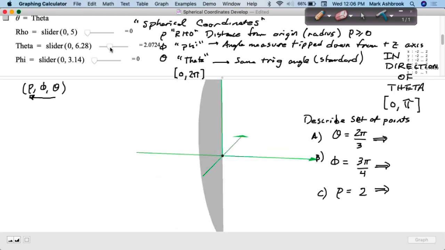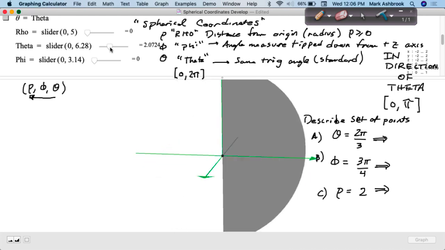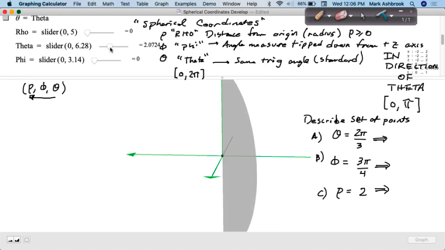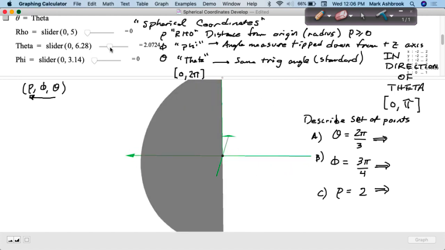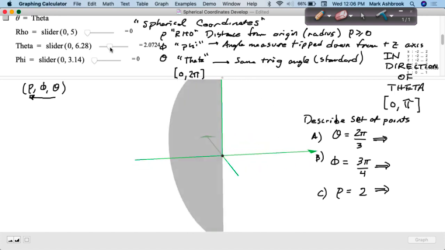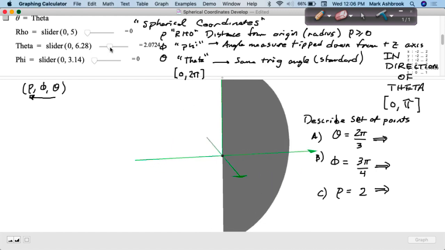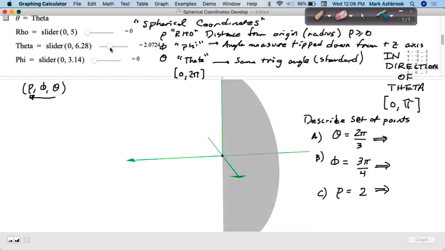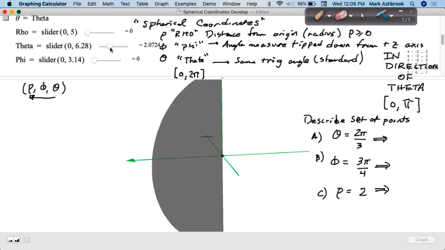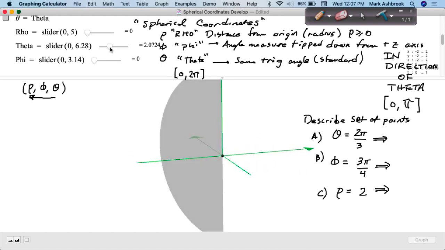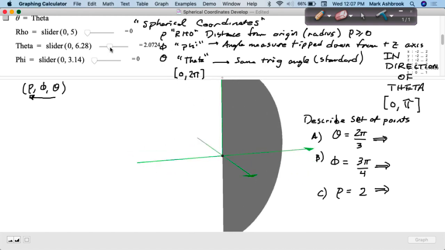So something like that. That's theta equals 2 pi over 3. We call it a half plane, right? And in the direction away from 2 pi over 3, it extends infinitely. It doesn't stop with this half circle. That's just the way that I'm helping you see it. Are we cool on that?